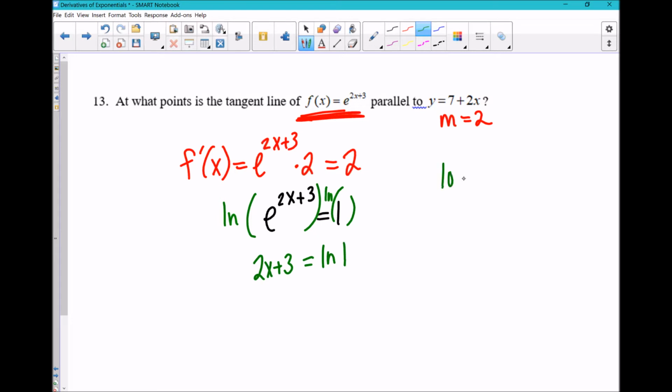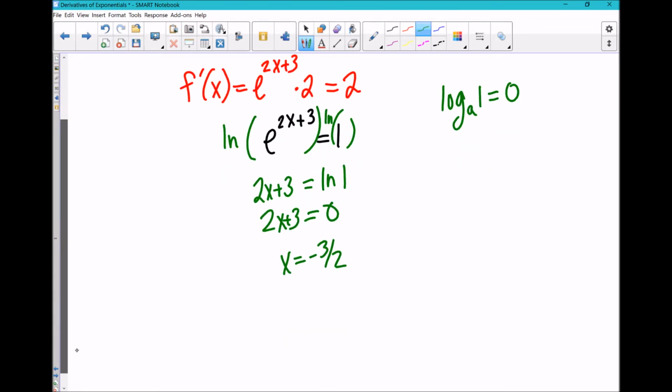Well, if you don't remember, log base a of 1 is always 0, because what you're looking for in a logarithm is a raised to the what gives you this input value. So a to the 0 is 1. So regardless of what the base is, a log base anything of 1 is always 0. And solving that, we get x equals negative 3/2.